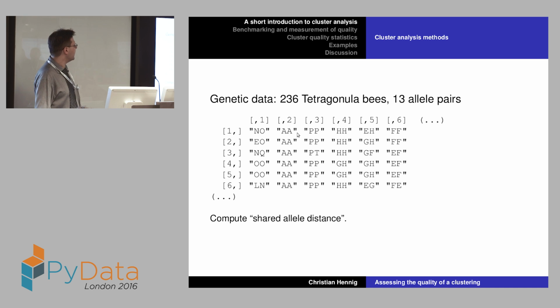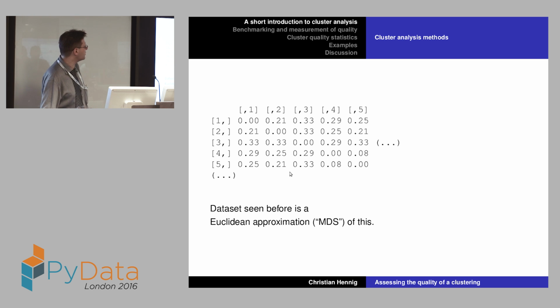Then you can define a distance between any pair of these bees, and that gives you a distance matrix like this. The information you have here is, for every pair of bees, for example between B1 and B2, a measure of how dissimilar they are. The four-dimensional data set you saw before is actually some kind of Euclidean approximation of this, which was generated by multidimensional scaling.